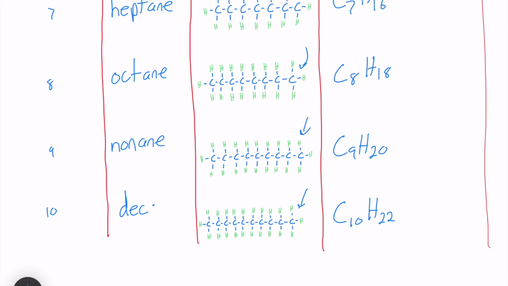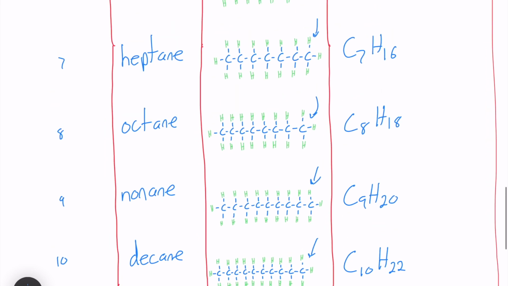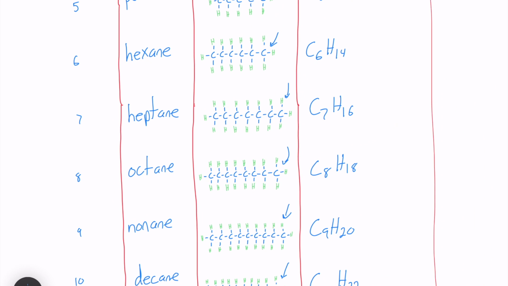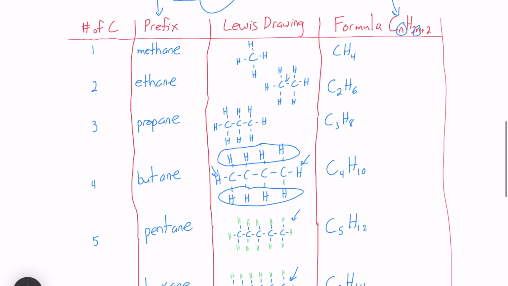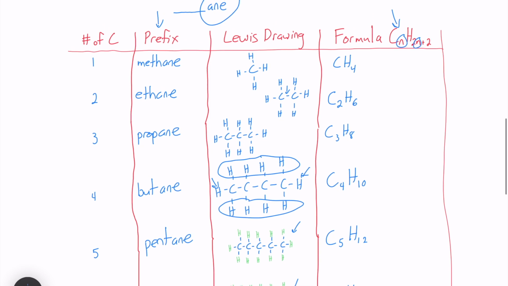And 10 is decane. Some of these you may be familiar with as types of fuels, and that's what most of these, if not all of them, are. So alkanes are usually classified as different types of fuels.